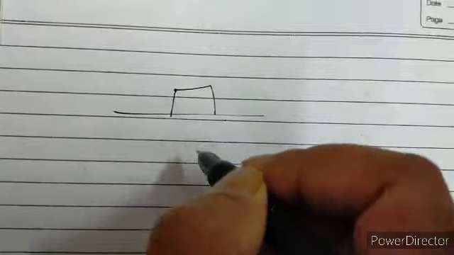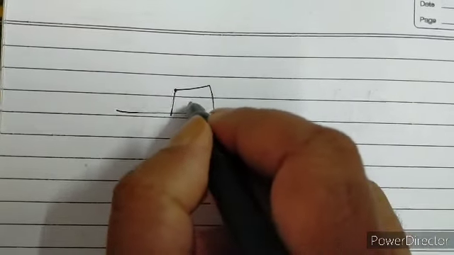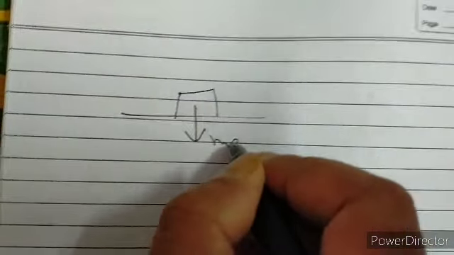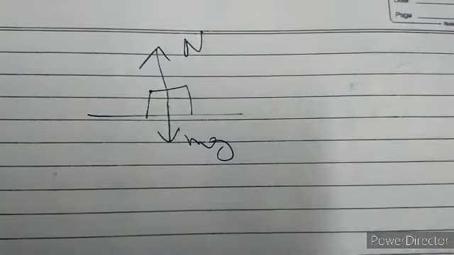Clear? Now another thing. When the object is on a plane, suppose this is a plane and this is an object, then two forces are acting: one vertically downwards, mg, and vertically upwards, the normal reaction.